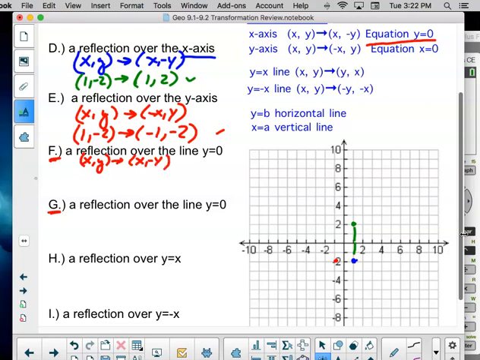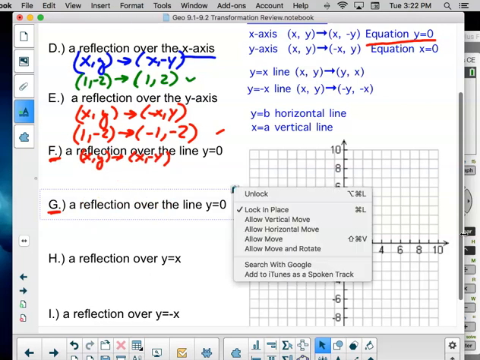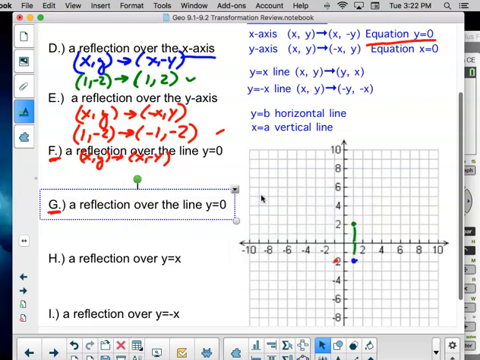And the reflection over the line y equals 0, excuse me, the y equals 0 line is the x-axis. I read that, they're both y equals 0. Somebody made a typo. So unlock this, and this has got to be an x right there. So we got to get a keyboard up and we got to make that change.